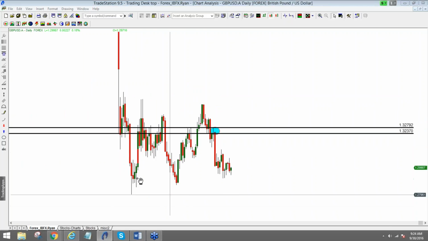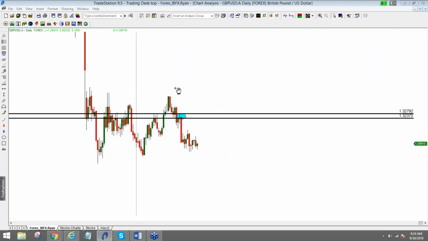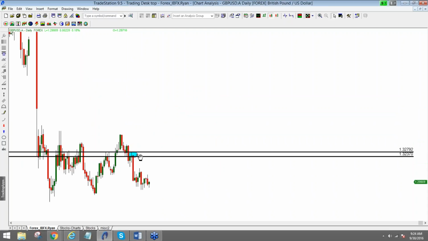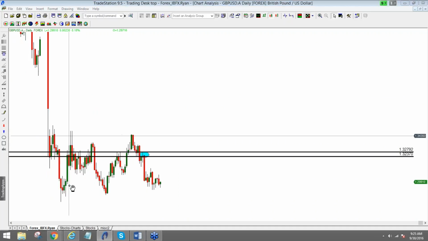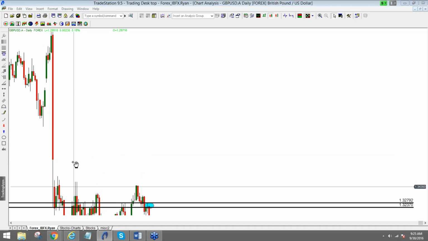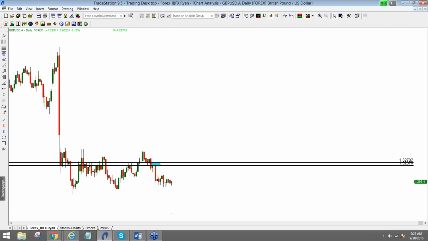Let's see. And just to get a grander scale, let's say this doesn't work. This giant move down on the pound, you see that? That's the Brexit. That's the initial impulse move. Notice how it just consolidated after that.